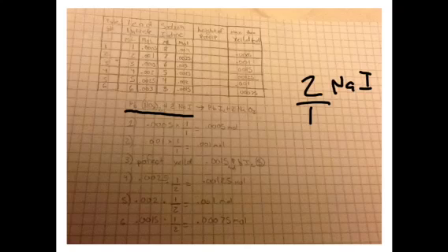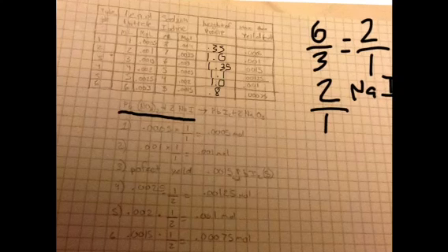And you can see in number 3 it's 6/3, which reduces to 2/1. As you can see, I have filled in the height of precipitate because I just got that data from Spencer recently, and then I'll show you the graph.